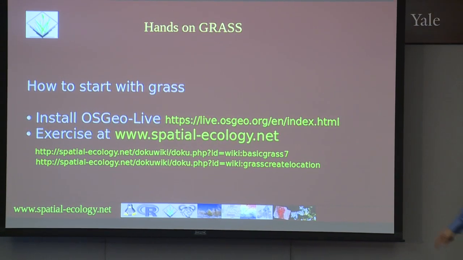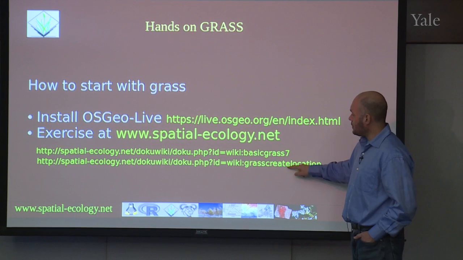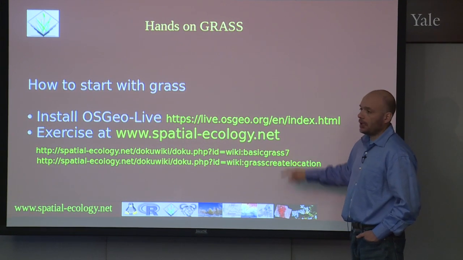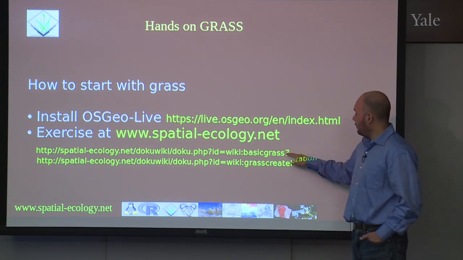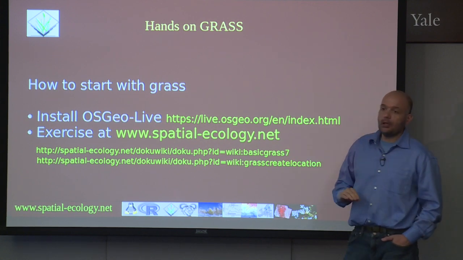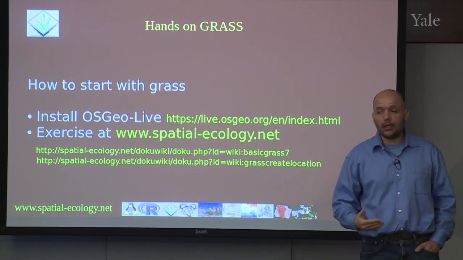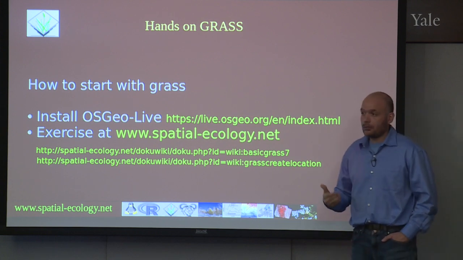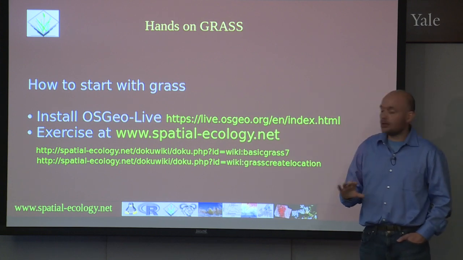So in this context, we are going to use these two web pages to follow the workshop. The first one is going to be an exercise in entering a GRASS location and mapset that already exists in the virtual machine.